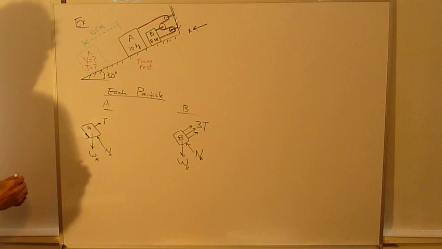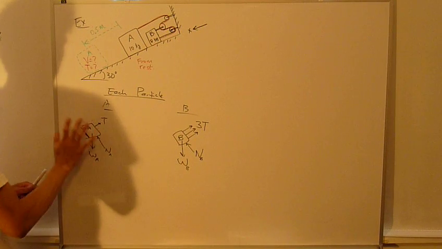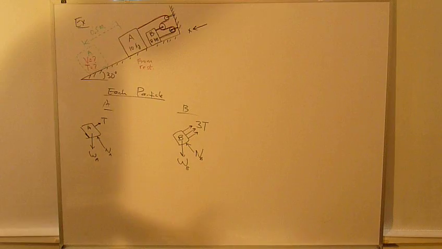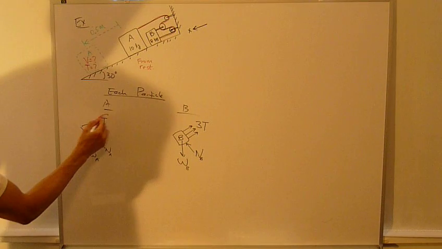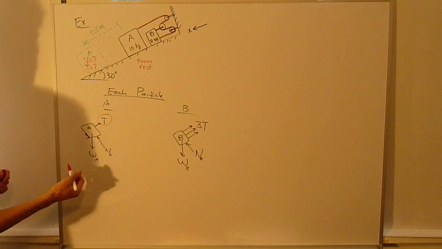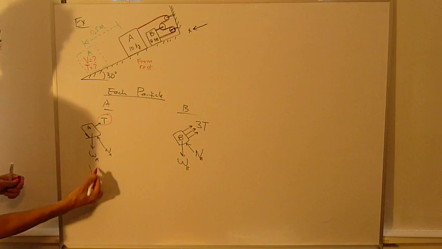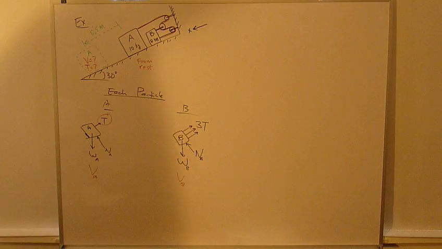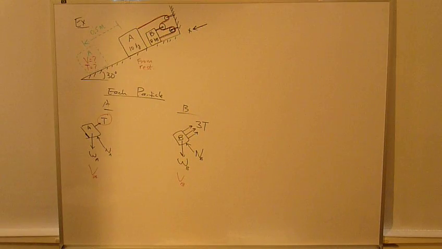So if you consider them separately, how many unknowns do you end up with? You have tension as the unknown. And what else? If you apply the work-energy equation, you're going to end up with velocity VA and VB as unknowns.